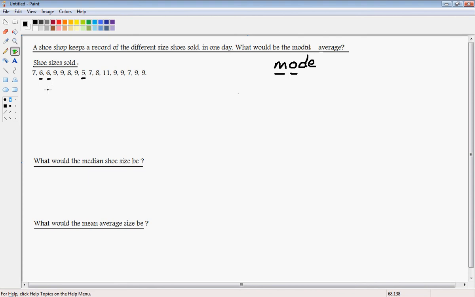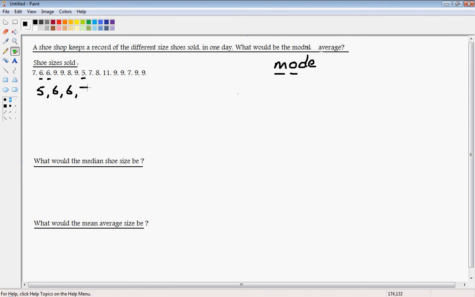So our lowest number is 5, and I've underlined it, and we have 2 6's. And the reason I underline it is so that I don't miss a number. If you're one number out, then it will throw out the whole calculation. So we have 2 6's, no other 6's.